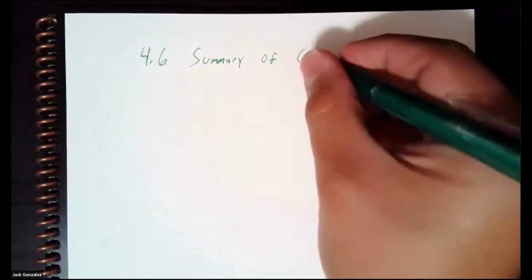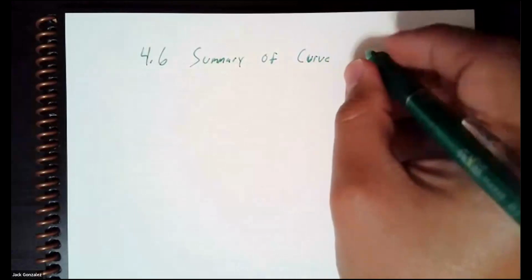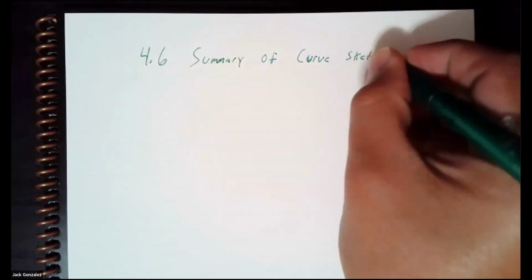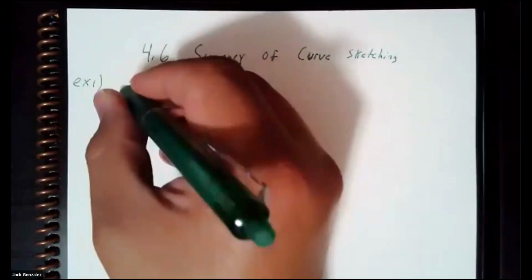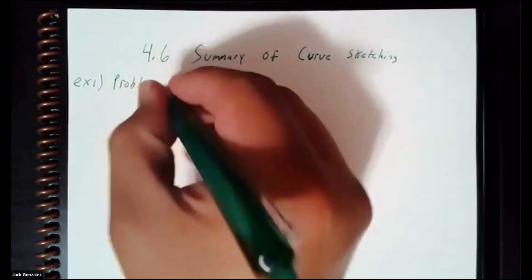Summary of curve sketching. This is number 1 from 4.6.